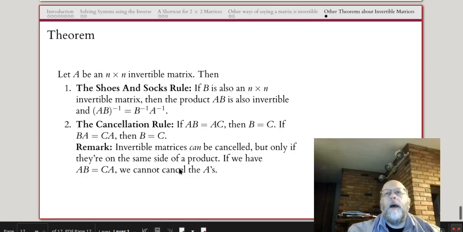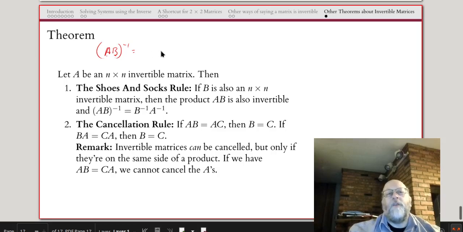All right. We have two other theorems I want to talk about. One is called the shoes and socks rule. The idea here is that if I want to find the inverse of a combination, this combination means something. It says that we're doing matrix B first, then we're doing matrix A, and then we're going to take the inverse of that.